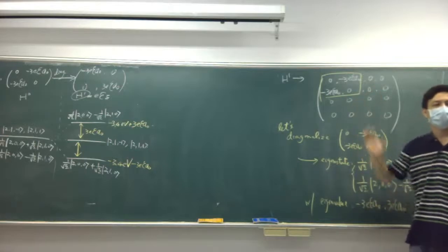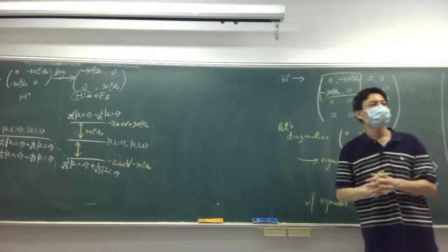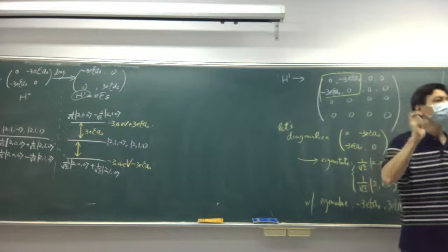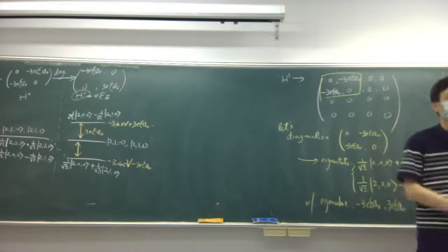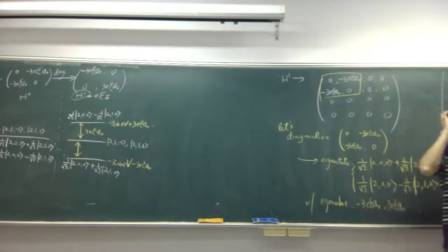When you do that, you find the new good basis, which are linear combinations of the old bases. Is that clear? That's the standard procedure for perturbation in the degenerate case.